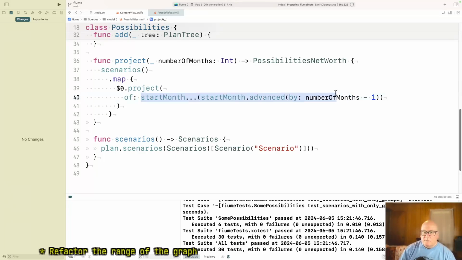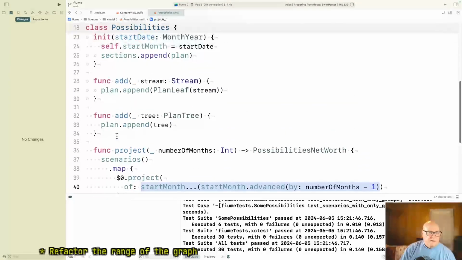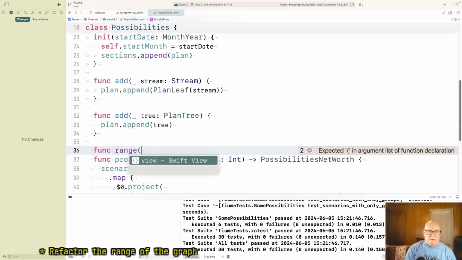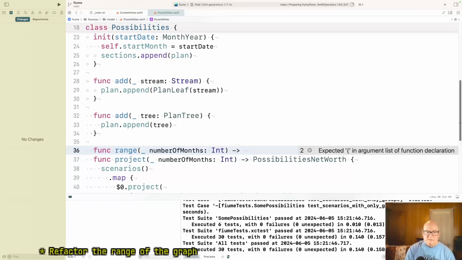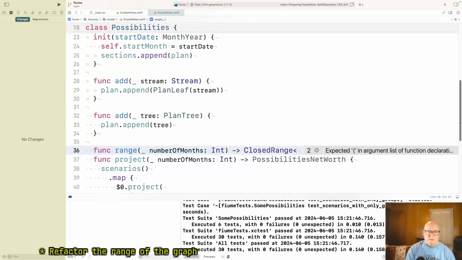But we can pull this part out. Let's call it range, or maybe it's just a, no, it's a function, and it's really this. Gives a range, closed range of month year.